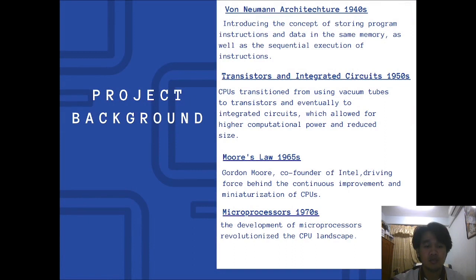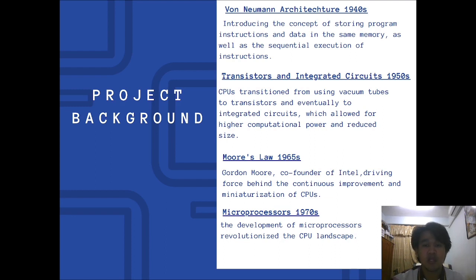For the project background, first, von Neumann architecture, 1940s, introducing the concept of storing program instructions and data in the same memory, as well as the sequential execution of instructions.